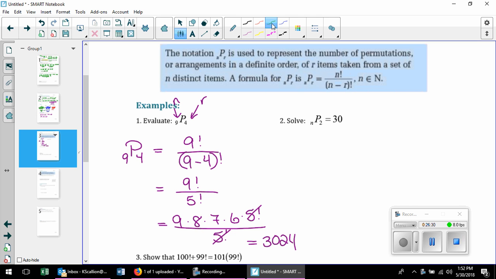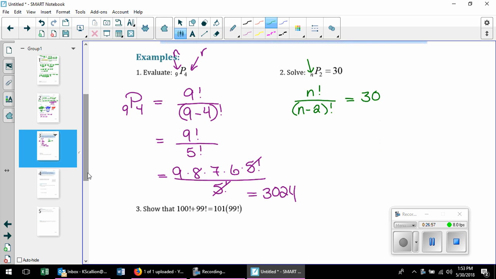Well, it's saying the permutation is equal to 30, but it's not telling me what my whole number is, what my total number of items is. But I can use my formula. So I'm going to have n factorial over n minus 2 factorial, and that's going to equal 30. The permutation equals 30. So what do you do?